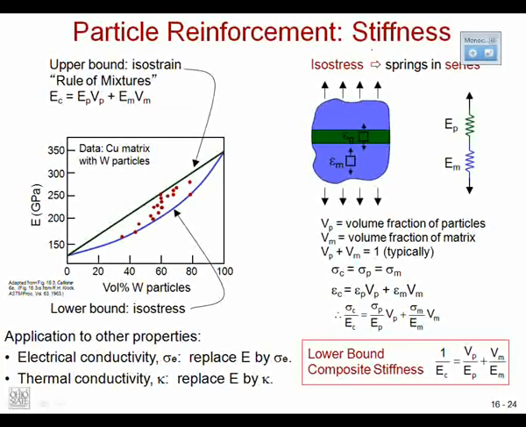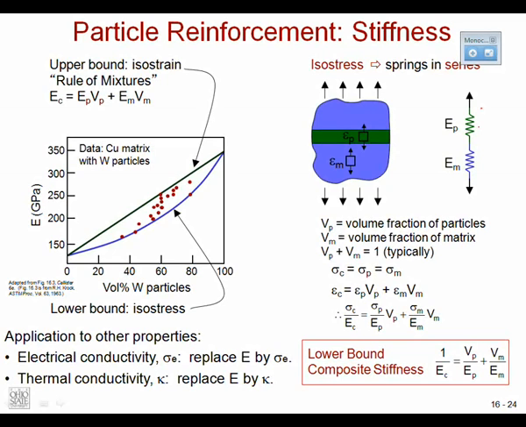Now if you think about it, we're loading this way. We're loading this in the transverse direction, and so our springs would be in parallel. That's kind of the way to think about the stiffness here.